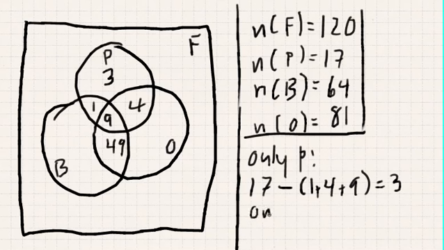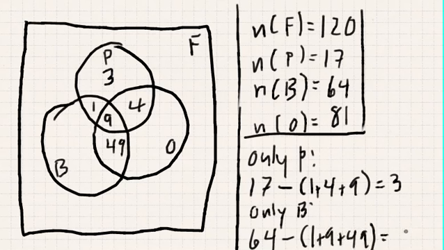How many are only in the BCS conferences? It's going to be 64 minus 1 plus 9 plus 49. 1 plus 9 plus 49, that's 59, which leaves us with 5. There are 5 BCS schools that are neither private nor old. New public schools. And finally, which ones are only old?